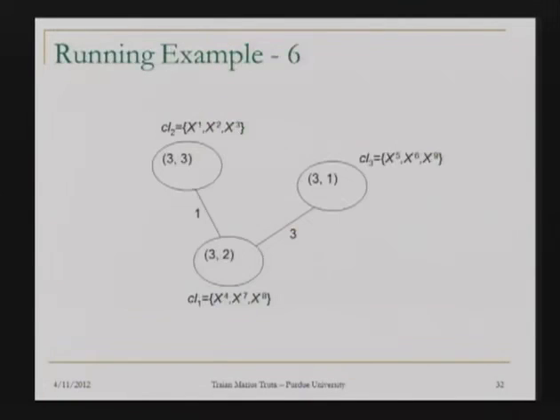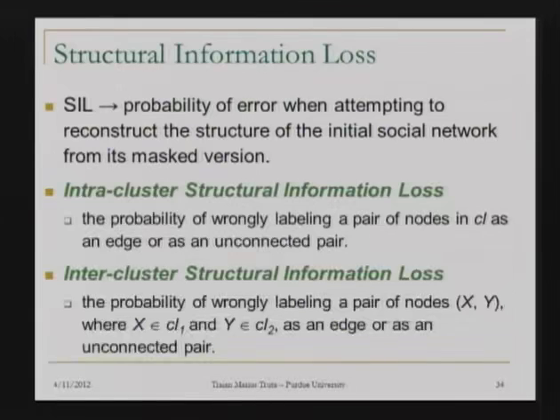Now, the second part, let me see where. Okay, it's about structural information loss, and this is novel to our work. We define structural information loss as the probability of error when attempting to reconstruct the structure of the initial social network from its masked version. And we have an intra-cluster structural information loss and inter-cluster structural information loss.